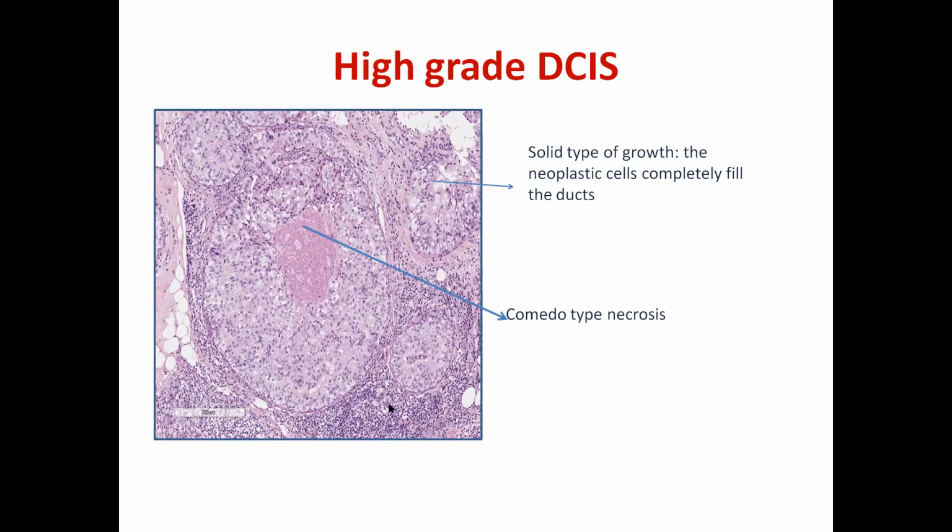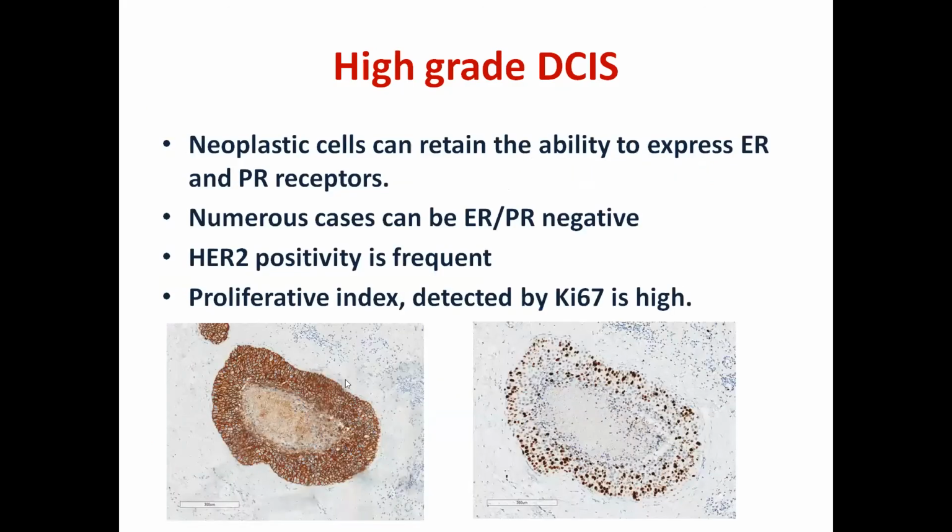What happens on molecular biology? We have very, very aggressive lesions, tumor cells. Sometimes we can still have positivity for estrogen and progesterone receptors, but in numerous cases they are negative for estrogen and progesterone.